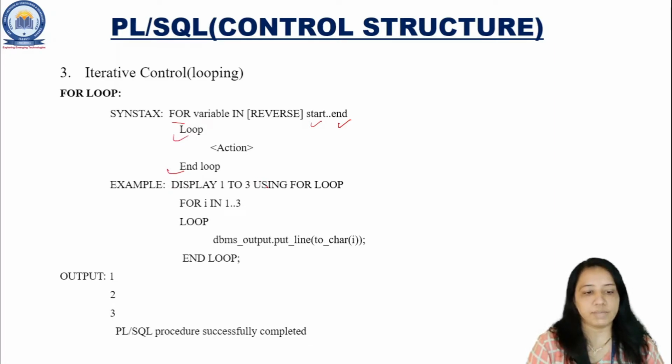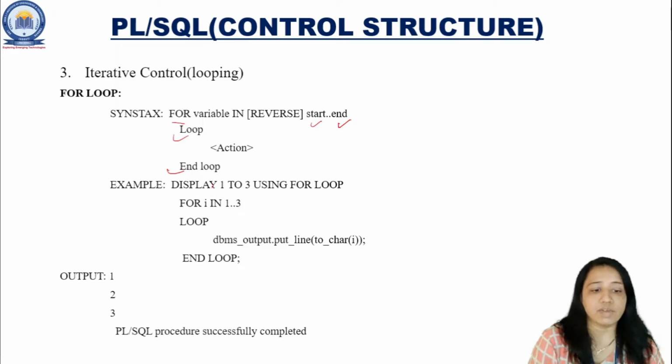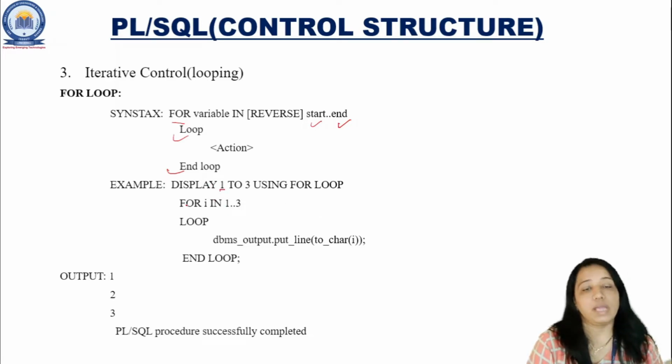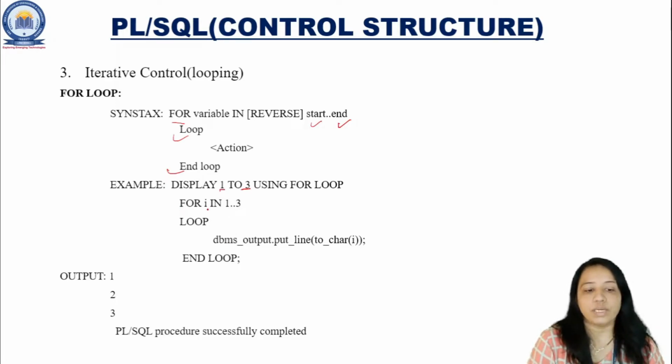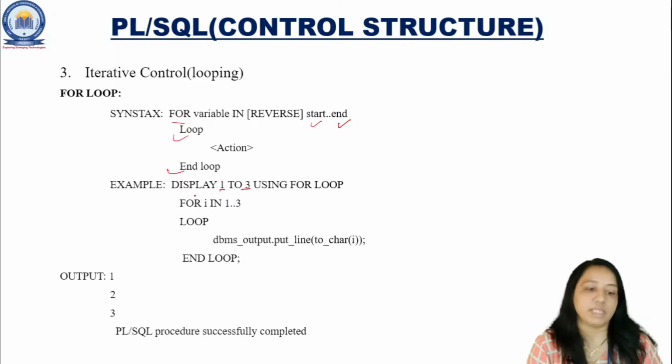For example, a simple program to display 1, 2, 3 using a for loop. Your starting value is 1 and your ending value is 3. In the syntax, after for there should be one variable. So for I in 1..3, that means 1 is the start and 3 is the end, and the variable I will be incremented by 1 by default.